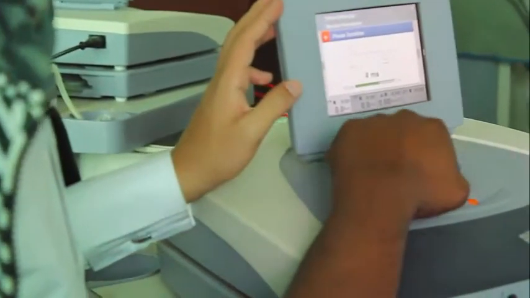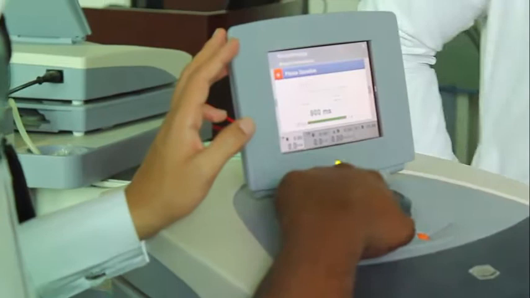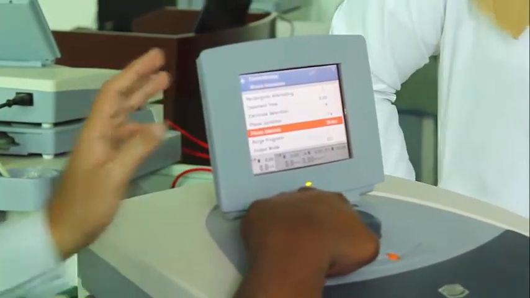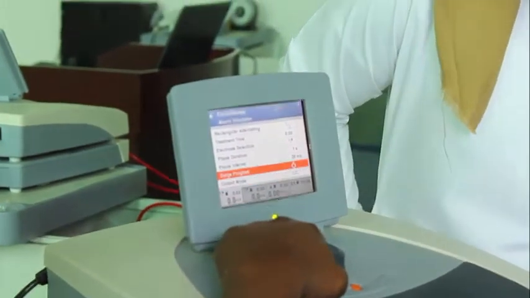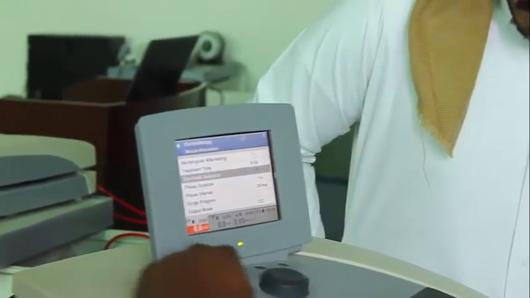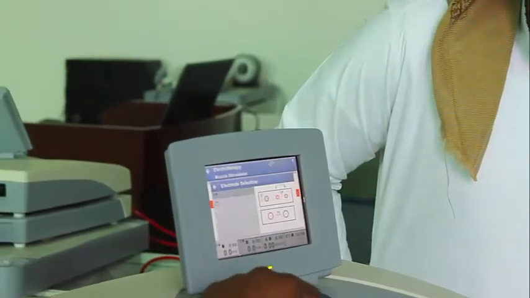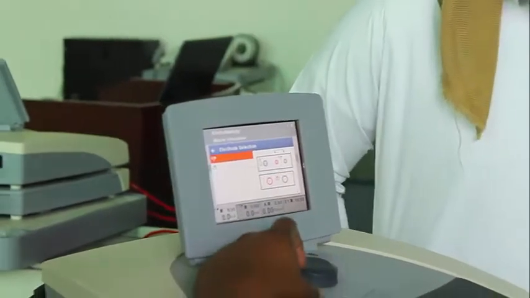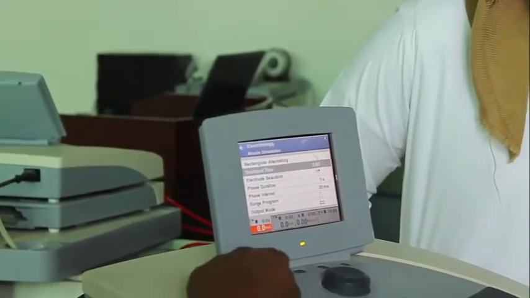See the pulse duration, pulse interval. See, I am increasing pulse duration. So it's a 1 second stimulation, pulse interval okay. So electrode selections, if you go to electrodes again, I am selecting here, it is good. Now I am going to start.